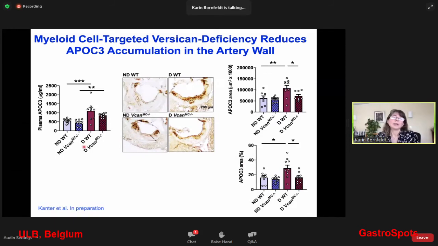Knocking out myeloid Versican did not affect the elevated plasma ApoC3 levels in the diabetic animals, but it did reduce accumulation of ApoC3 in these sinus lesions. And you can see that measured two different ways here.